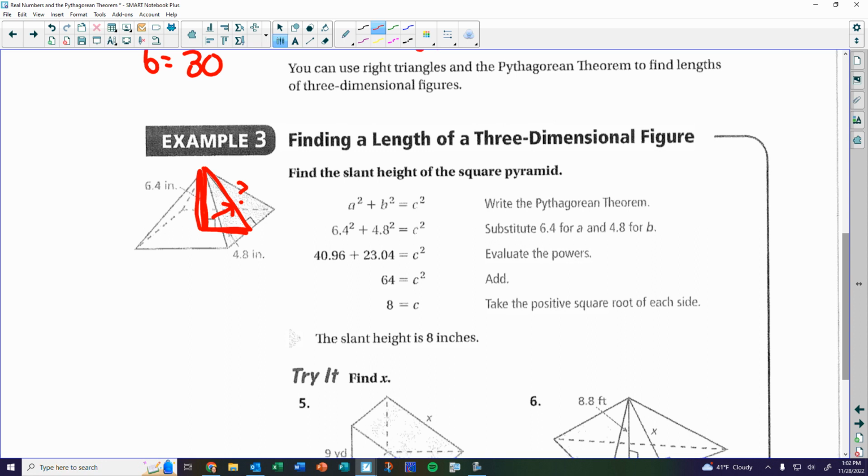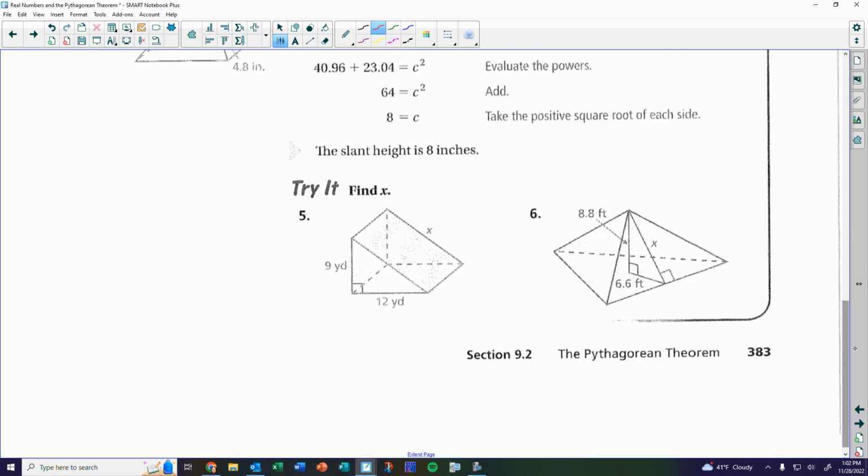So let's do number 6 together. Same idea. Here's our figure right there. Here's the right angle, so there's the opposite side. So this x is where the c part is. That's what we're looking for. So we're going to square these two sides and look for c squared. You can write x squared, it doesn't matter. So 6.6 squared plus 8.8 squared is going to equal c squared.